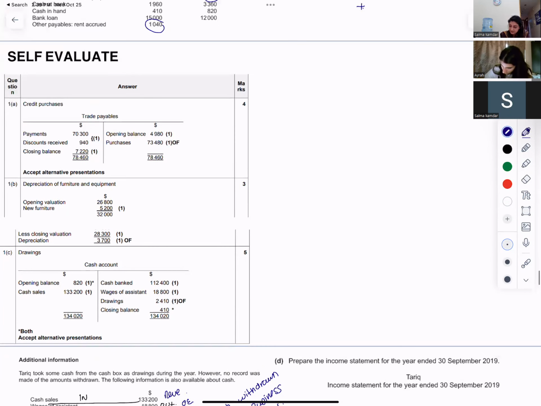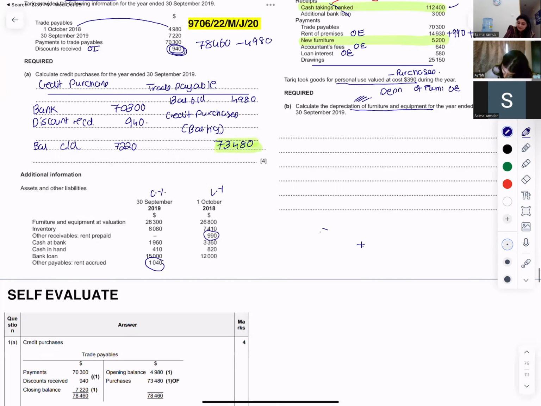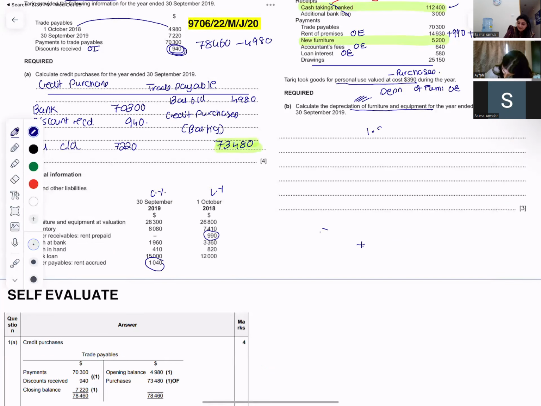Okay, can I make the income statement? I'm making the income statement over here. The first thing that I will have is revenue less cost of sales. What is my revenue? 133,200.